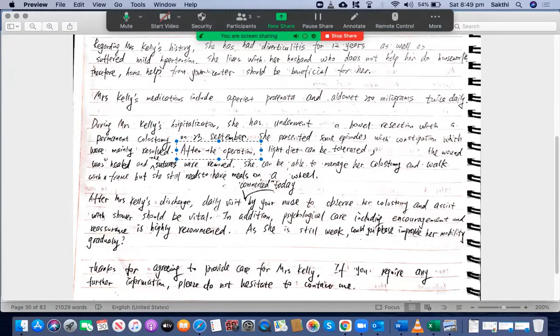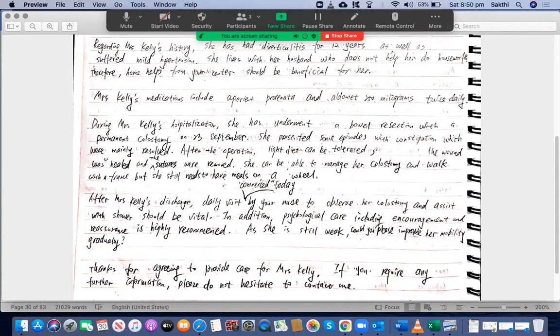After the operation, light diet can be tolerated. The wound was healed and the stitches were removed. So, after the operation, light diet can be tolerated. Now, are you going to give him a recommendation, or has he already been following this light diet?